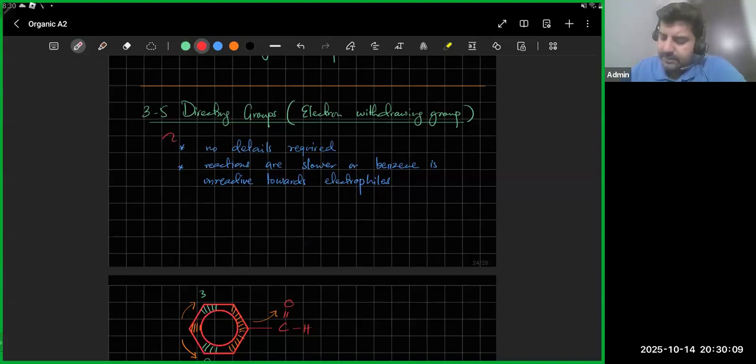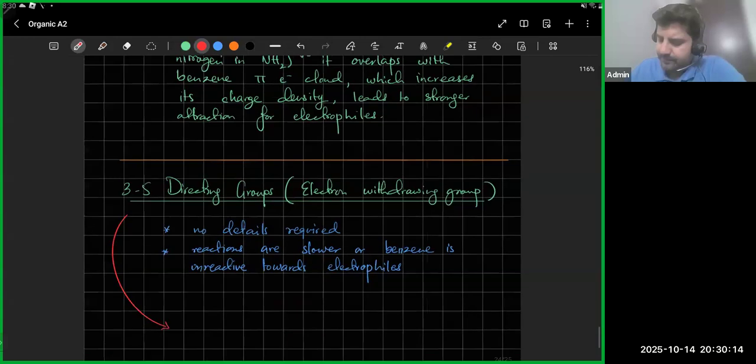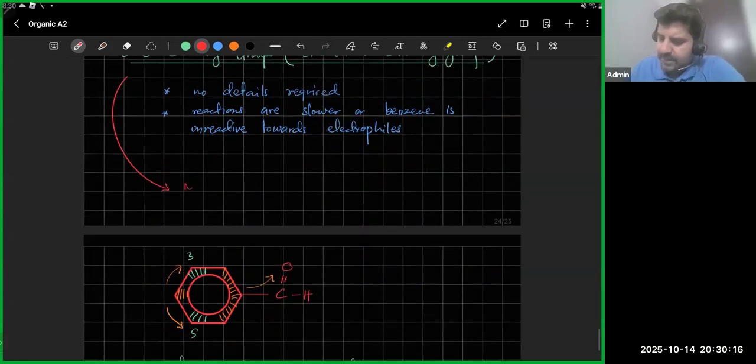Let's write those down. 3,5 directing groups: you had NH3+, carbonyl groups, CHO, that's aldehyde, carboxylic acids. There were esters. There was NO2 as well.